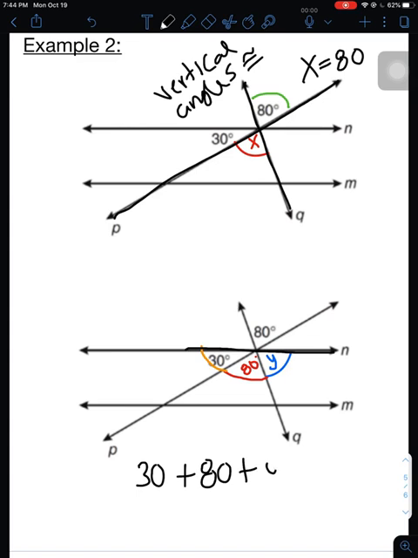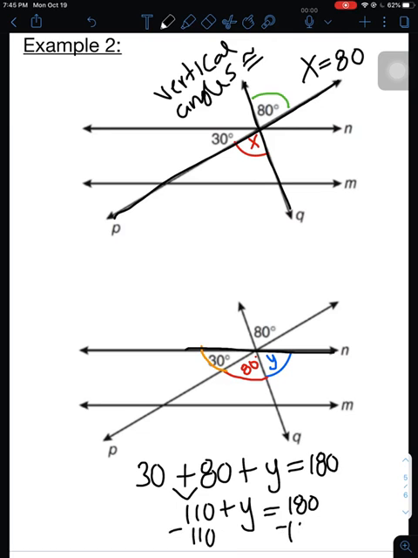So we can say 30 plus 80 plus y equals 180. We never said it could just have to be two. We can have three supplementary angles. So we can add these, right? And we get 110 plus y equals 180.